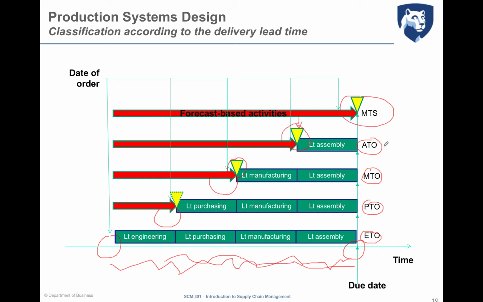This realizes different production systems. So make to stock, assembly to order, make to order, purchase to order, and engineering to order are different approaches to realize a production system. Of course, a production system that works on engineering to order or on make to stock are very different.